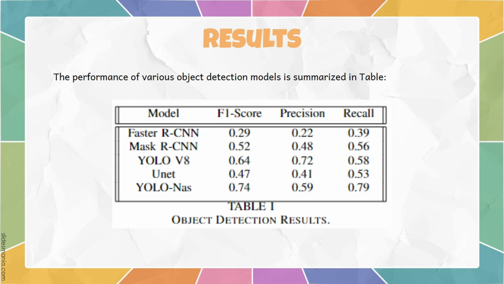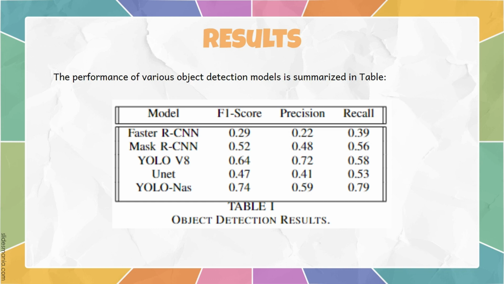Conversely, the Faster R-CNN model shows limited precision at 0.22. Though its recall of 0.39 suggests some capability in identifying relevant targets, Mask R-CNN, an extension of Faster R-CNN, improves upon this result substantially, yielding a precision of 0.48 and a recall of 0.56, alongside an F1 score of 0.52, making it a reliable method for such applications.